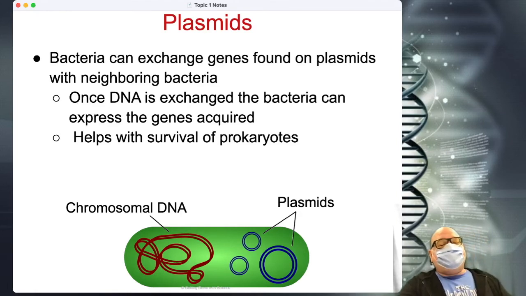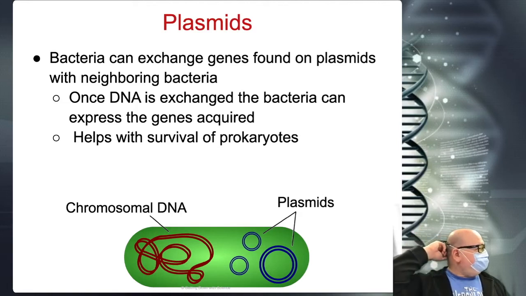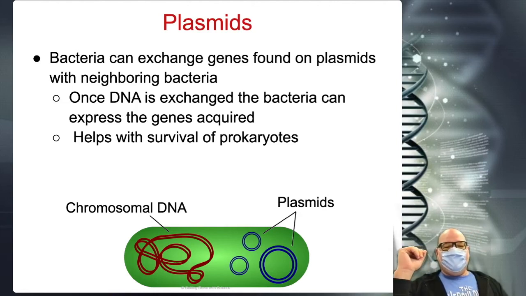Okay, one of the things bacteria can do is, we think of bacteria as asexual, okay? But bacteria can kind of hook up with each other and they can trade plasmids, okay? And this is a way that bacteria can evolve. Yeah, it's more like trading cards than it is crossing over, okay?